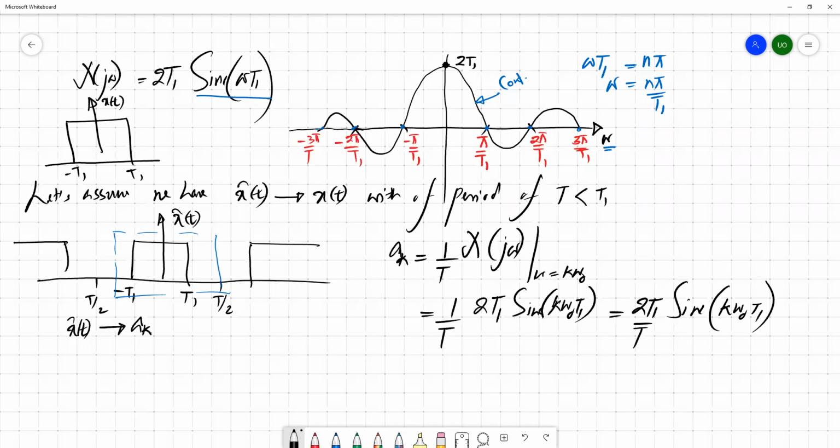Now we basically get it through the Fourier transform of this x. So then a_k equals 2 t1 over T sinc k omega naught t1.